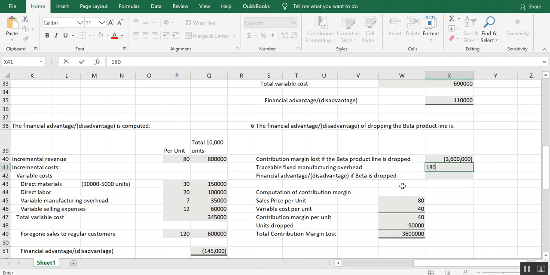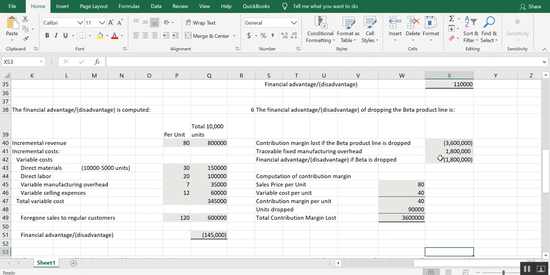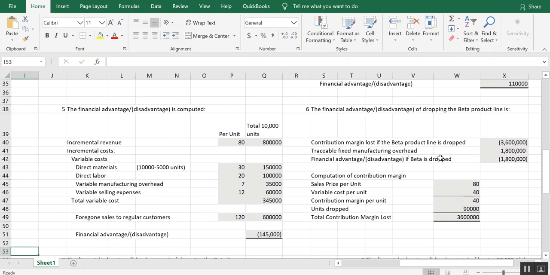So that cost will be added back because we won't be spending that money, the 1,000,008. The net is the sum of these two. So we have a financial disadvantage of 1,000,008, and that's because the cost we give up is not as much as the contribution margin that we give up. So that's number 6.